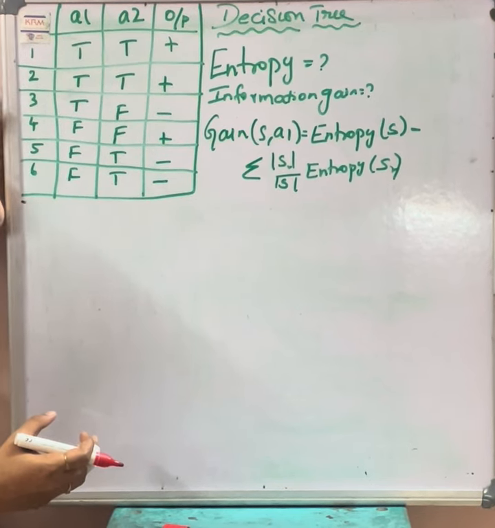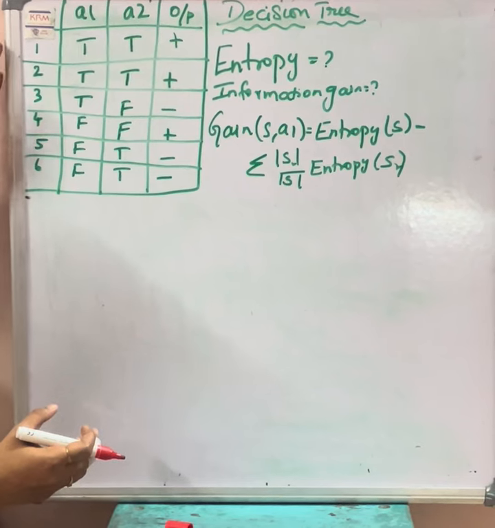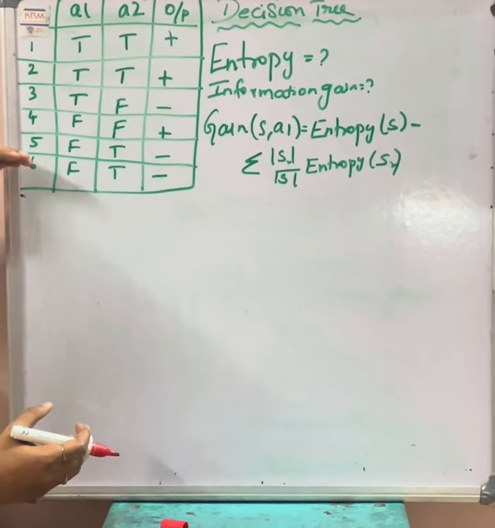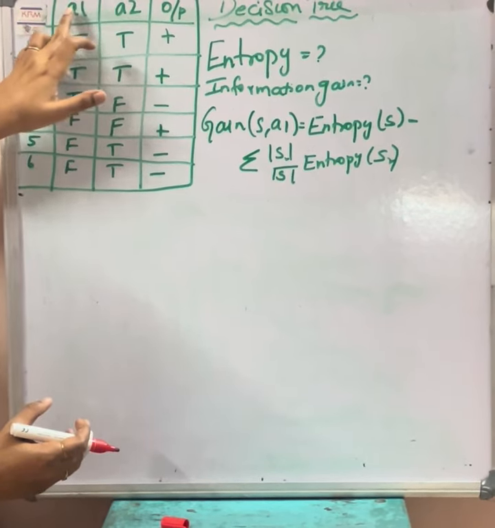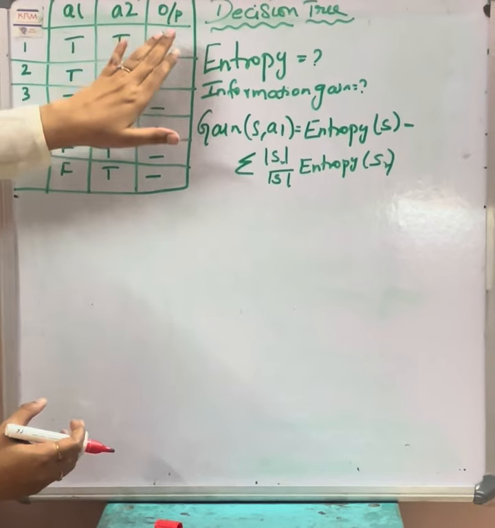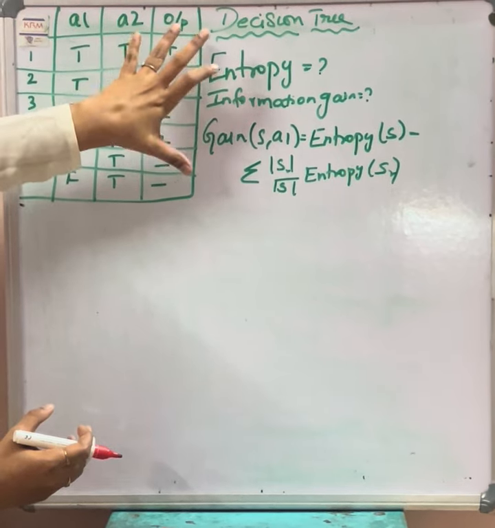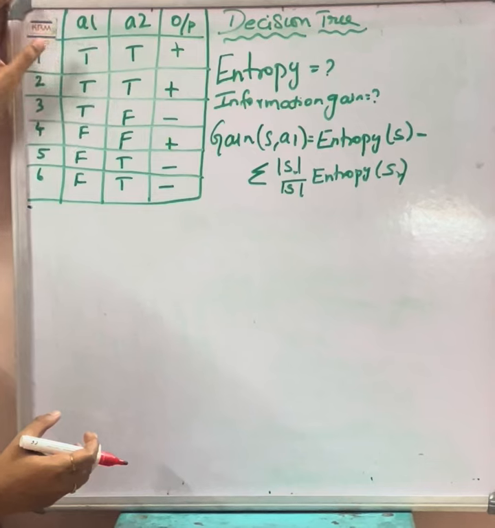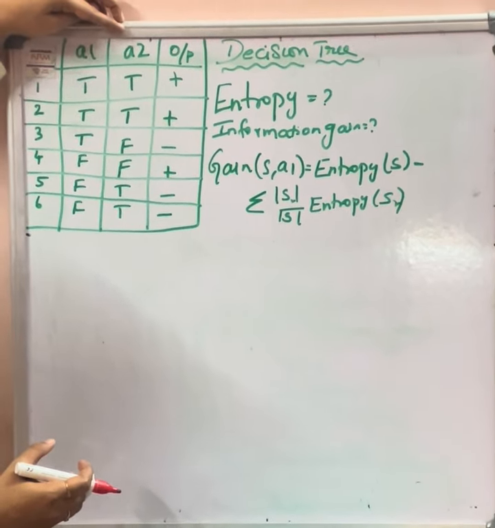Here we have a data set which consists of 6 instances, 6 samples, and every sample is contributing some kind of values to the given features. We have A1 as one feature and A2 as the second feature, and we have an output column. Based on this outcome, if it is positive, how much information is gained from A1 and what is the percentage of the information gained from A2?